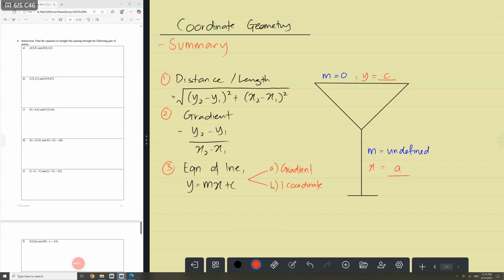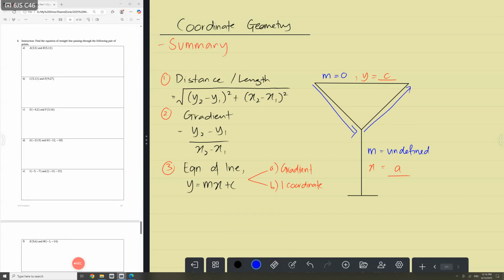Let's go back to our sloping lines. We read from left to right. If we read from left to right, this line is going downwards, and this line is going upwards.